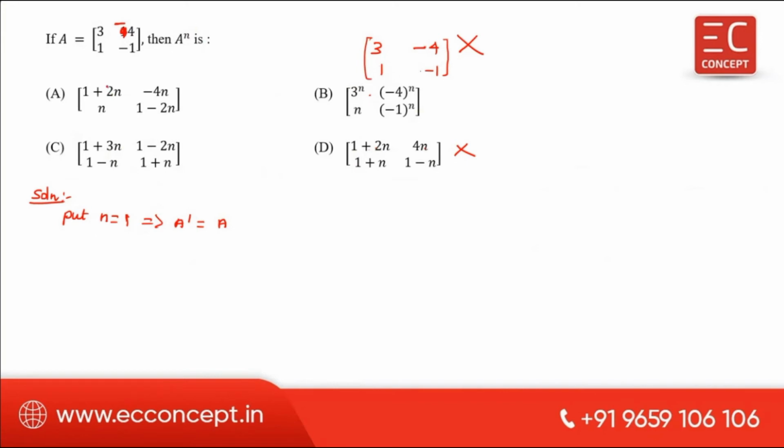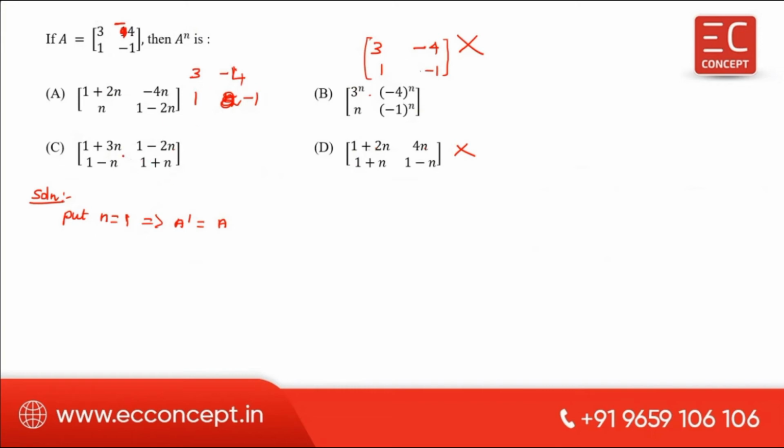Now if you substitute n equal to 1 here, then this is 3 minus 1, then this is 1, then this is 1 minus 2, therefore this also gives minus 1. This is minus 4.